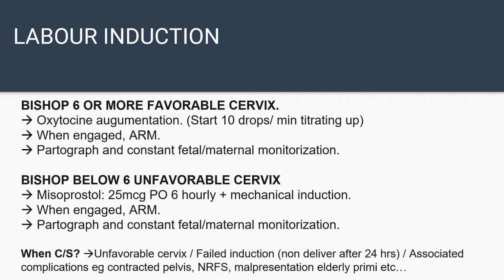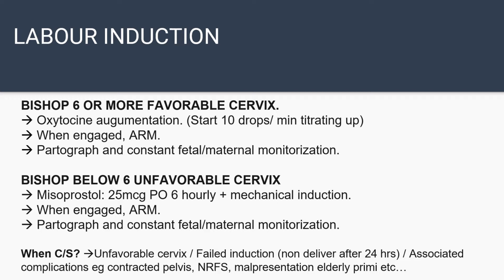When we are in front of a favorable cervix, we give the oxytocin augmentation to start labor. We start with 10 drops per minute, titrating up, so the oxytocin will start uterine dynamic, the contractions will modify the cervix, and then the delivery can occur.